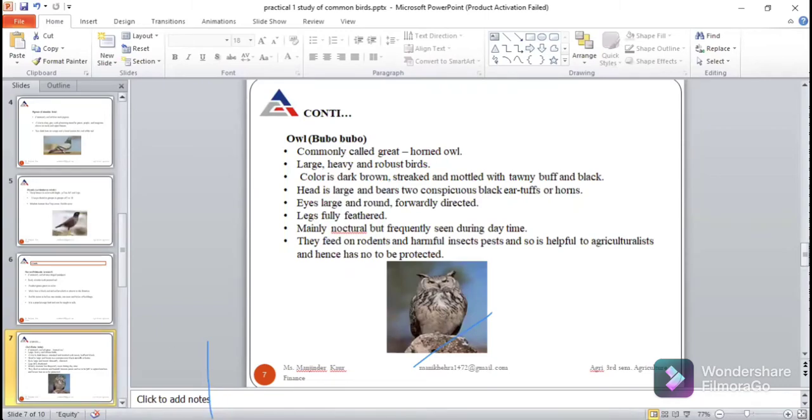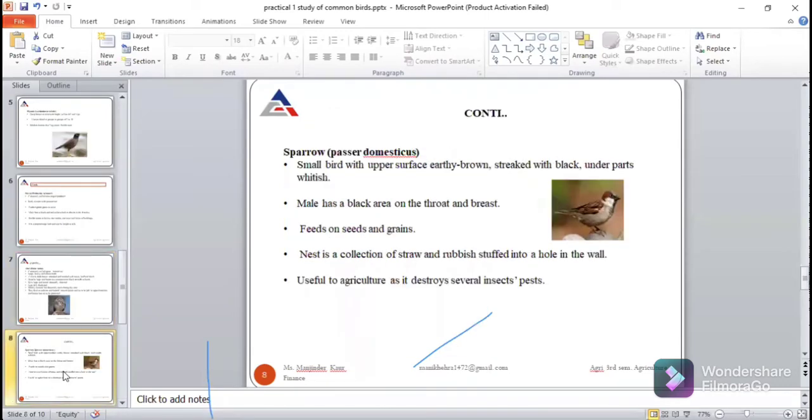Okay. Next is the sparrow. The scientific name of the sparrow is Passer domesticus, and it feeds on seeds and grain. They form nests which consist of straw and rubbish stuffed in a hole in a wall, and they are useful for the agriculturist because they destroy several types of insects and pests, and therefore they are beneficial for the farmers.